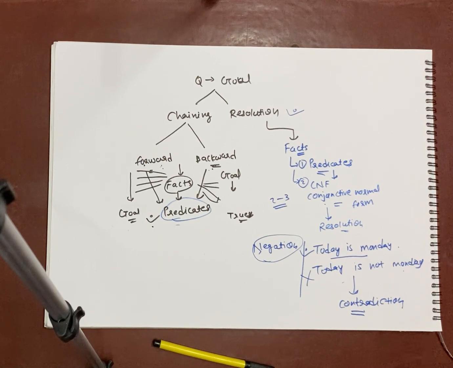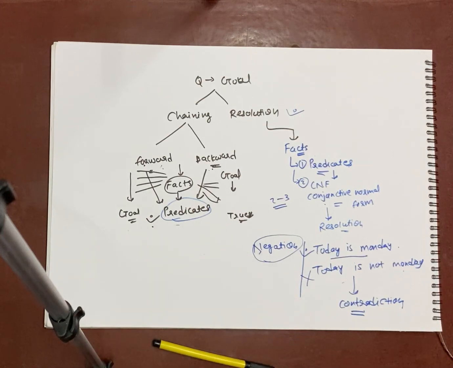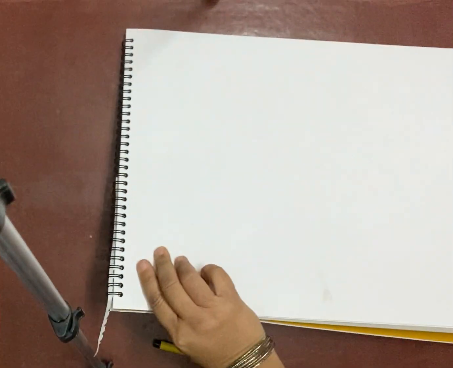We are going to discuss those today as well. Before we discuss applying resolution to facts, we are going to apply resolution to propositional logic. Let us see a simple example of resolution, and then we will discuss the algorithm of resolution also.